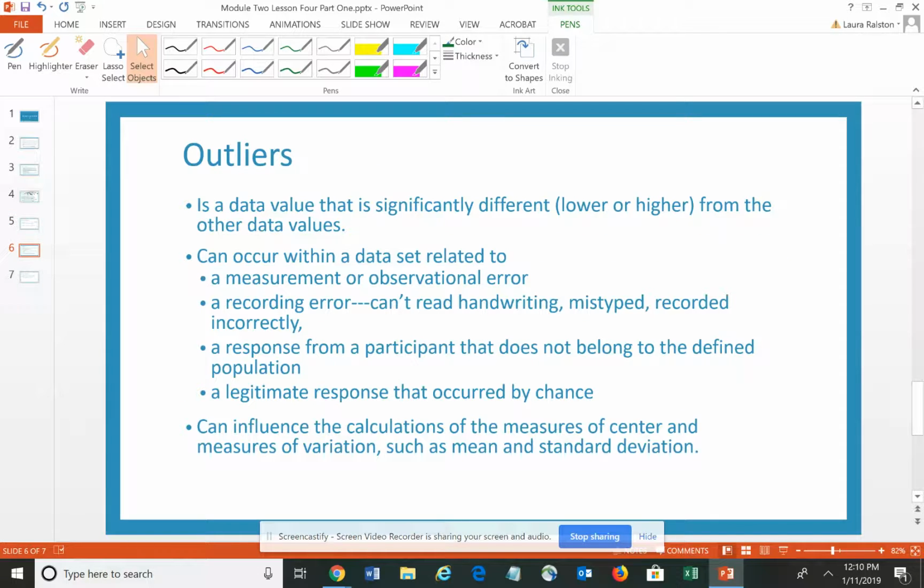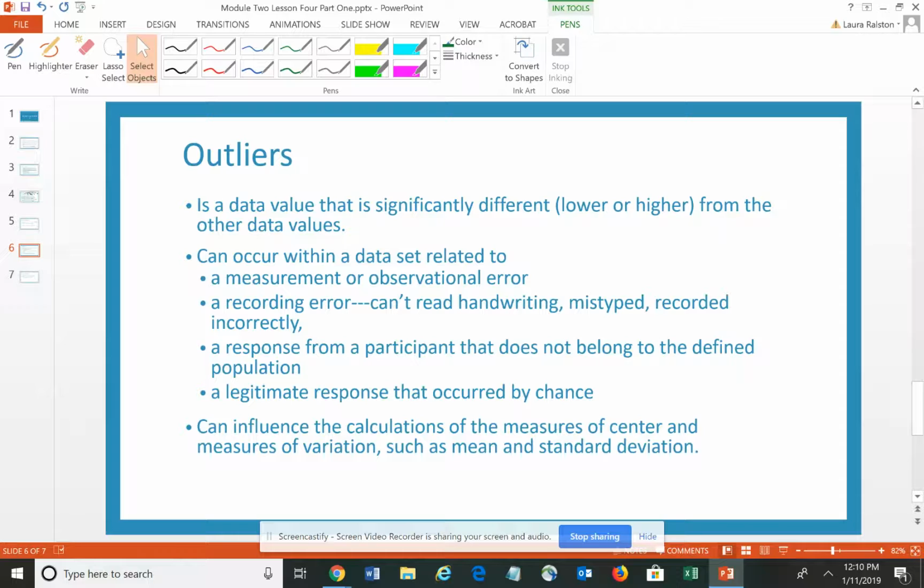All right, so let's think about outliers for just a minute. An outlier is a data value. It could be 1, it could be 2, it could be 5. It's a data value that is significantly different from all of the others. Maybe you have a really, really low value, or a really, really high value, or values that for whatever reason just don't go with the rest of the data set.